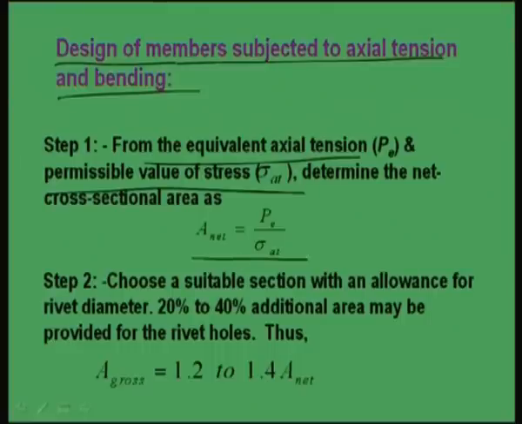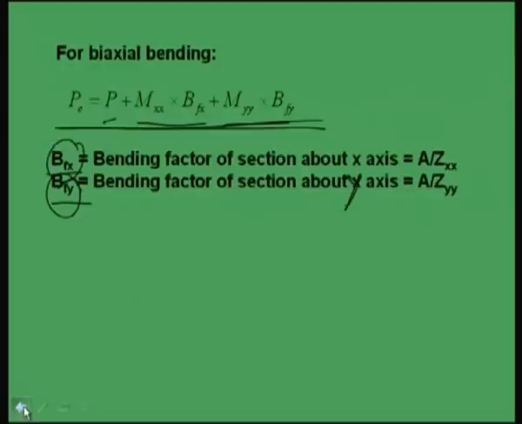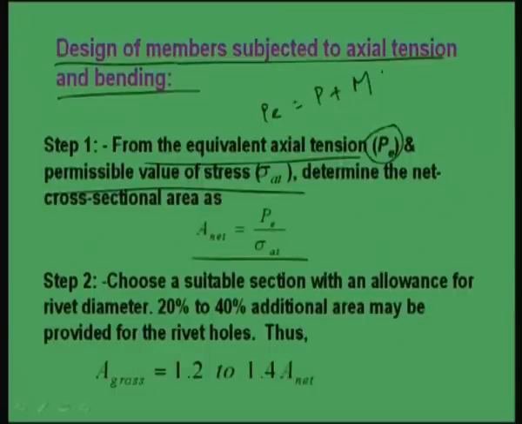Okay. So in the first step, PE is equal to P plus M into BF, BFX or BFY, it depends on the type of moment. Okay. Or BF means A by Z.